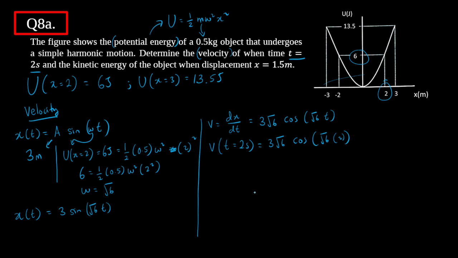Okay, and that would leave me with a value of, again, I'm just going to clarify, this is t equals to 2 s, approximately 1.363 meters per second. All right, so that is my final answer for that particular part, which is time equals to 2 seconds.